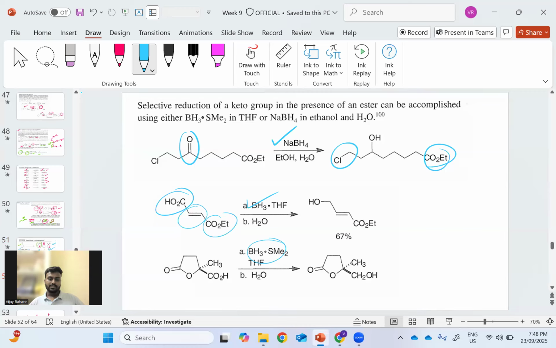And when you add BH3·SMe2 to this compound, the starting material, which has an ester and an acid, it will selectively reduce only the acid group. So these are some reactions of different reducing agents on different starting materials. You should note these examples.